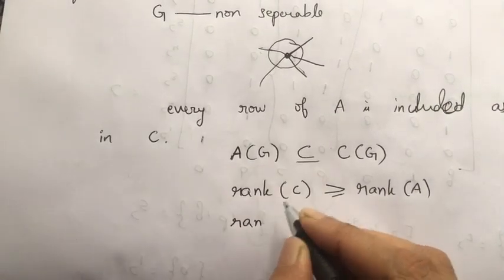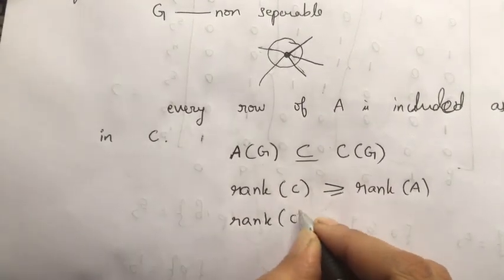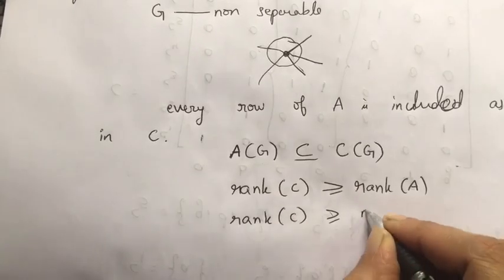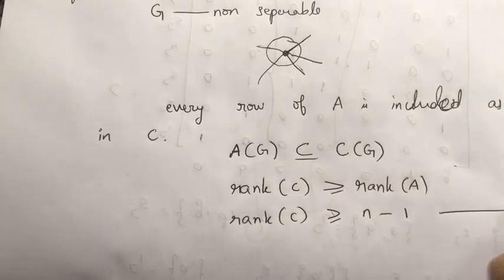Therefore, rank of C is greater than or equal to n minus 1.